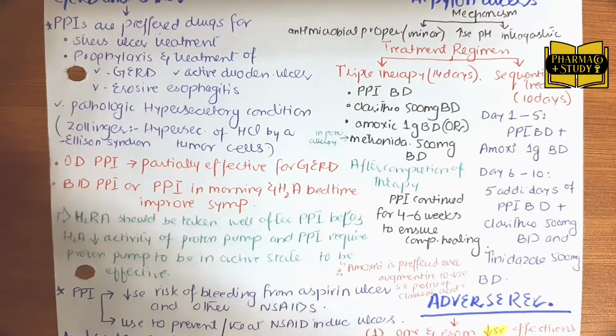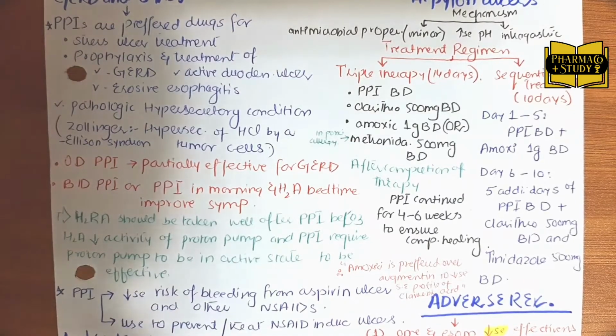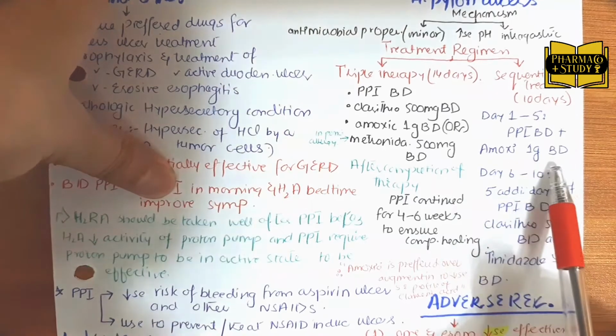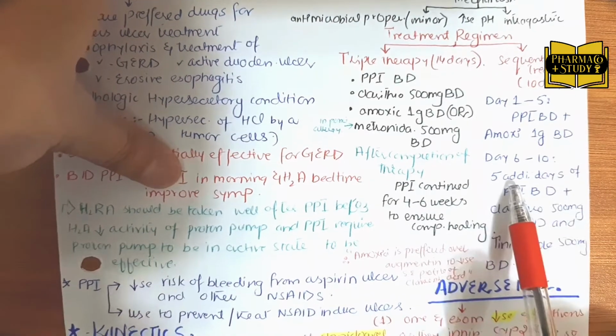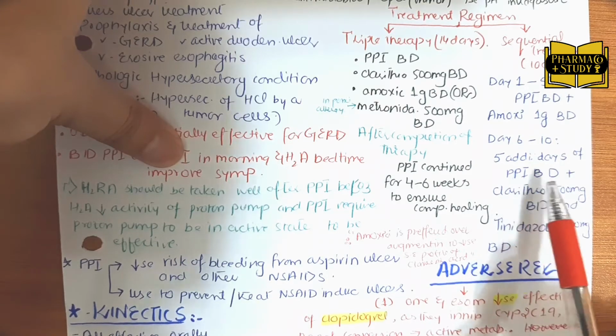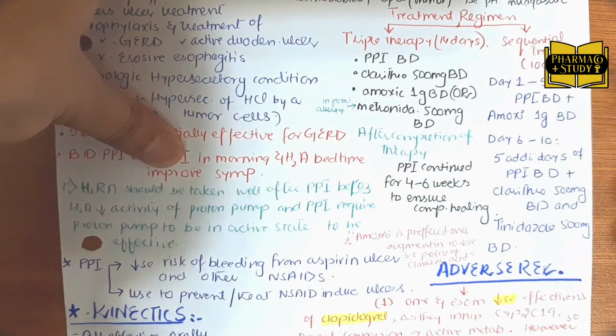Sequential treatment consists of 10 days, and as the name indicates, it consists of sequences of drugs. For day 1 to day 5, proton pump inhibitor twice daily and amoxicillin 1 gram twice daily are given. From day 6 to day 10, the proton pump inhibitor twice daily is continued for another 5 days.